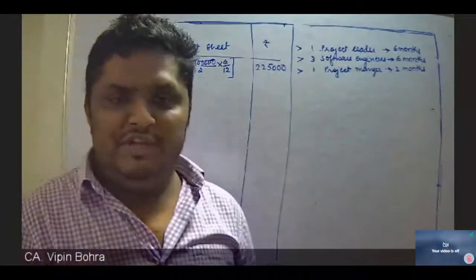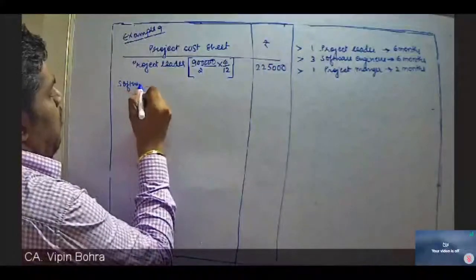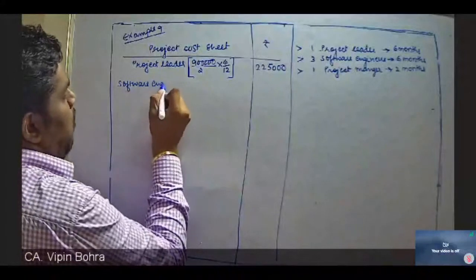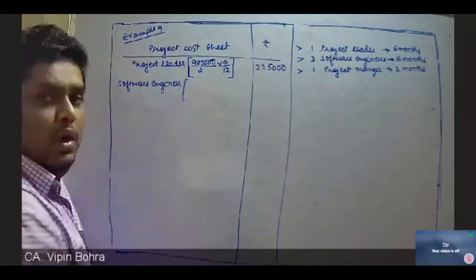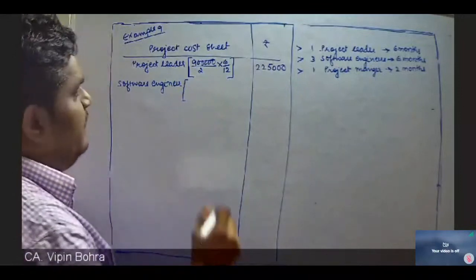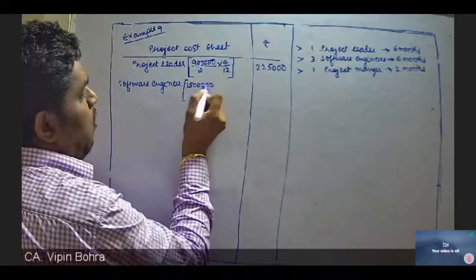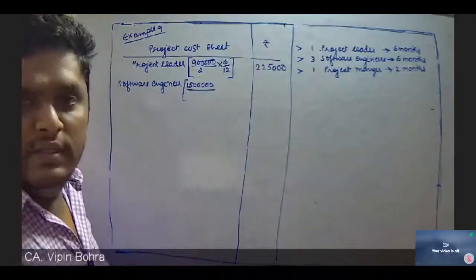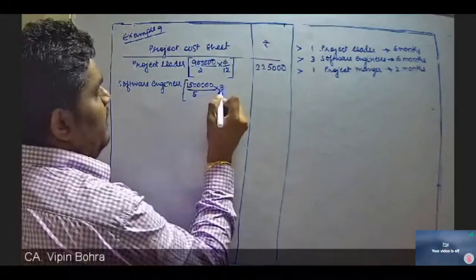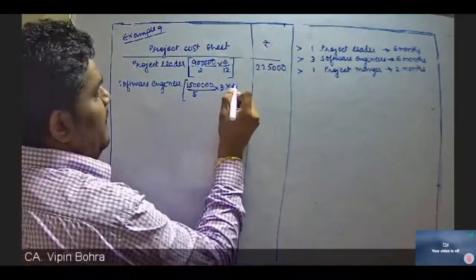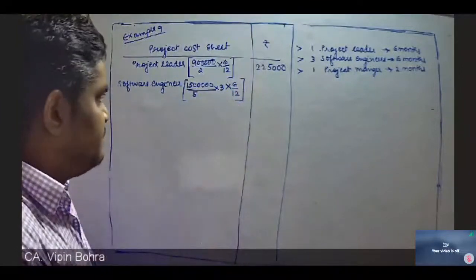Now 3 software engineers. Total salary paid to the software engineers is 15 lakh. Total number of software engineers is 5 persons. And how many are employed? 3 are employed for a period of 6 months, so into 6 by 12.